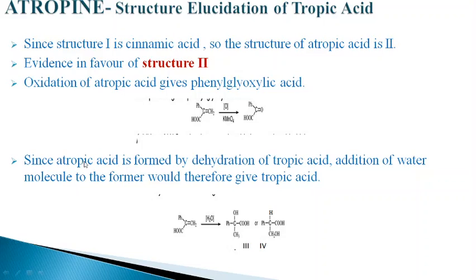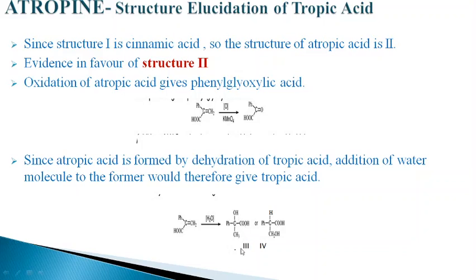How to elucidate the structure of tropic acid? Since atropic acid is formed by dehydration of tropic acid, on addition of a molecule of water to atropic acid, we will get tropic acid. As you can see, this is the structure of atropic acid. On hydration, there are two possibilities of addition of H and OH.